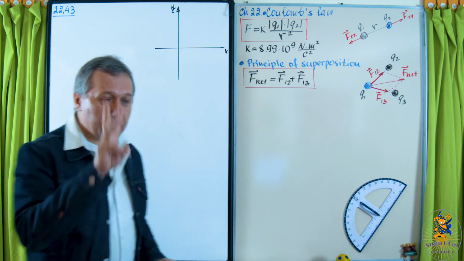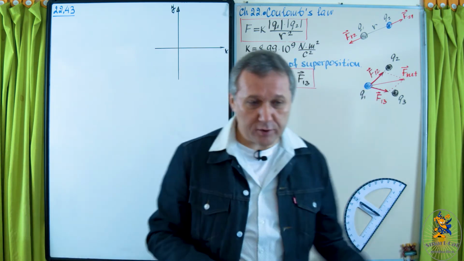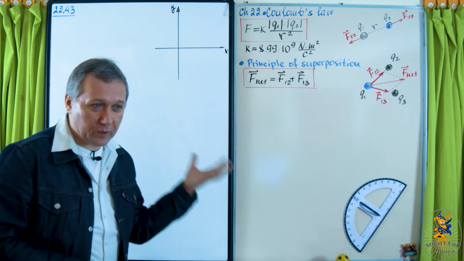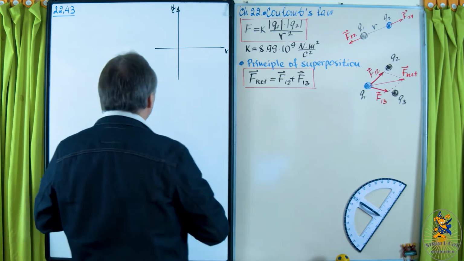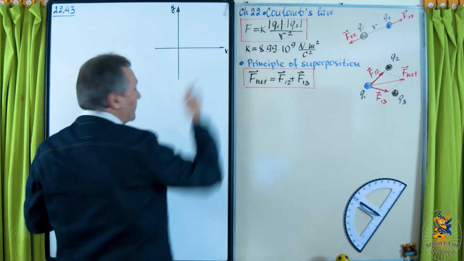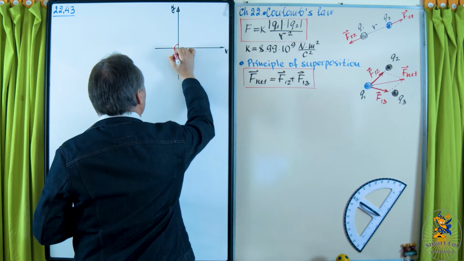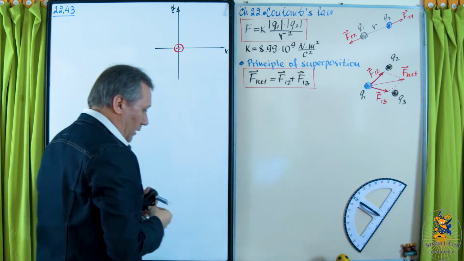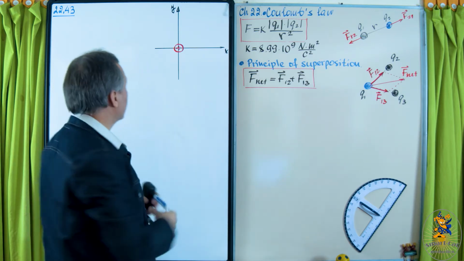So what do we have here? Three charges, sort of like here, which interact, and we need to find the net force on one of those charges. Let me draw the physical situation. I'll start with the coordinate system. Let's assume here I have a positive charge, charge 1.